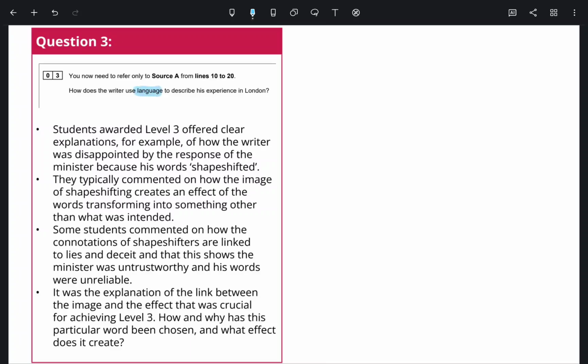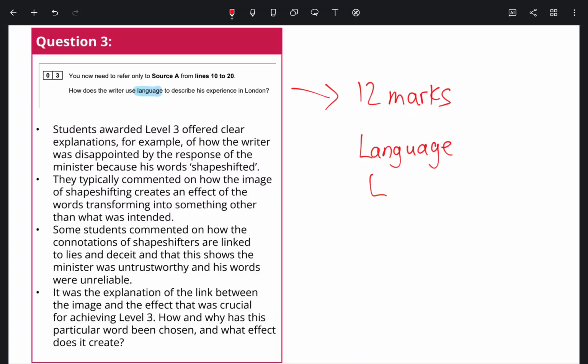So remember, this question, by the way, just for your information, is worth 12 marks for paper 2. And remember, you are focusing on language. So what does language include, students?